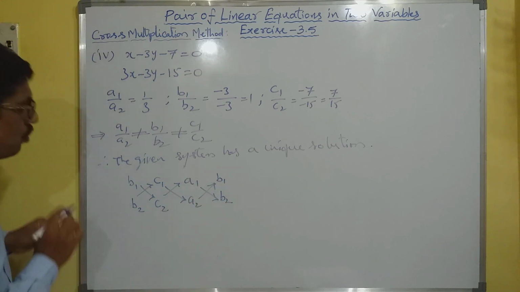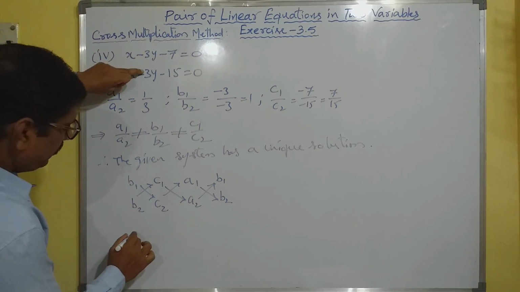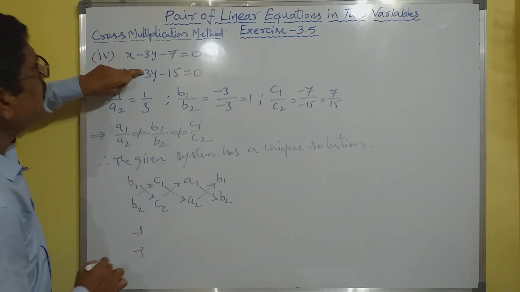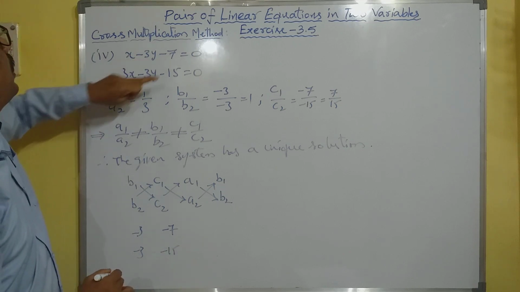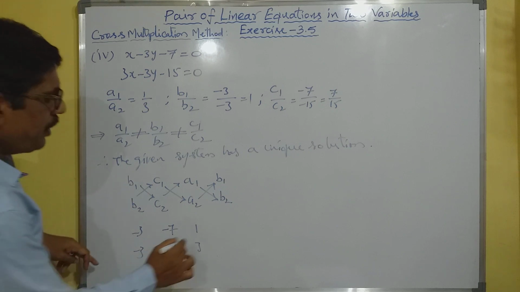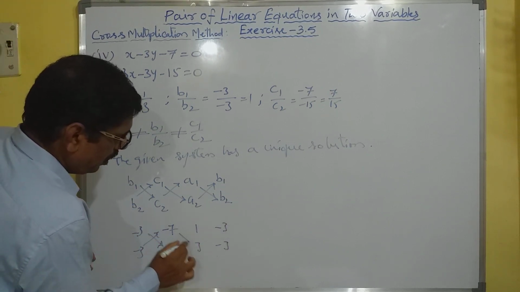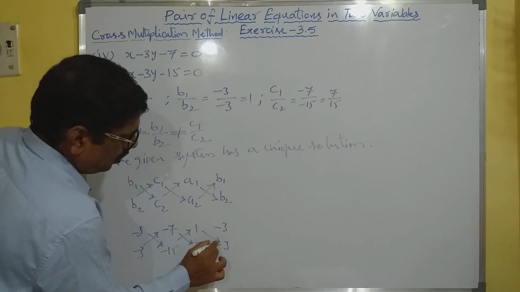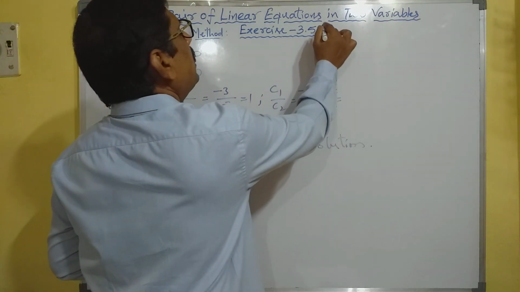So let us take the numerical coefficients. They are b1, b2: -3, -3; c1, c2: -7, -15; here a1, a2: 1, 3; again b1, b2: -3, -3.